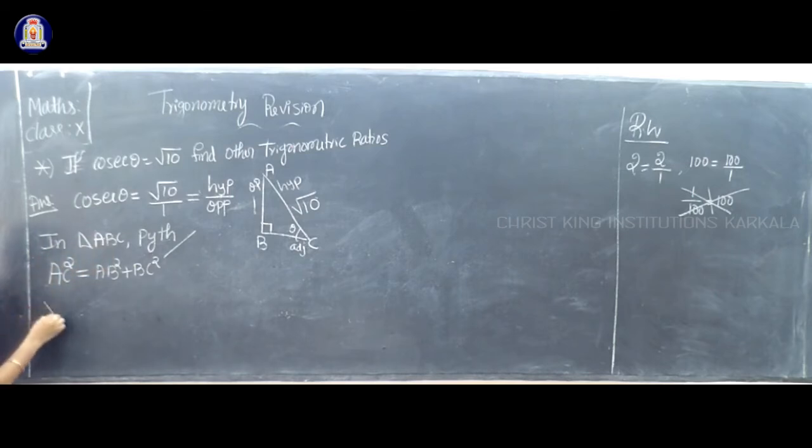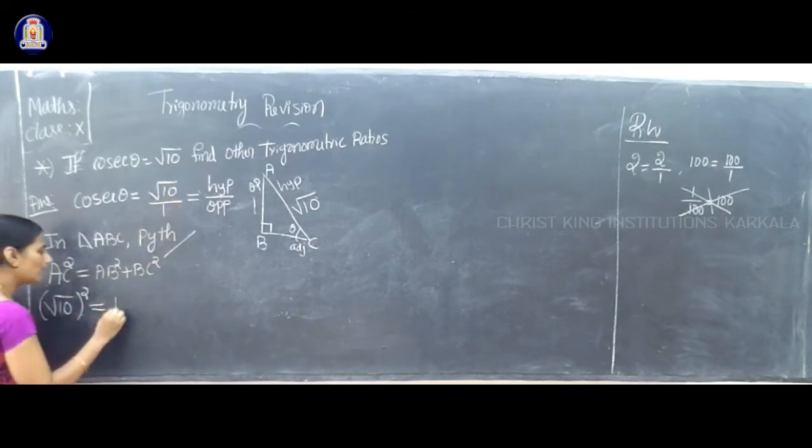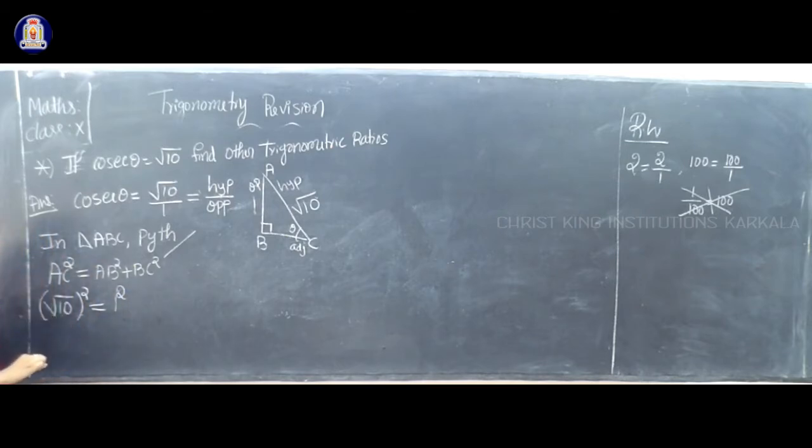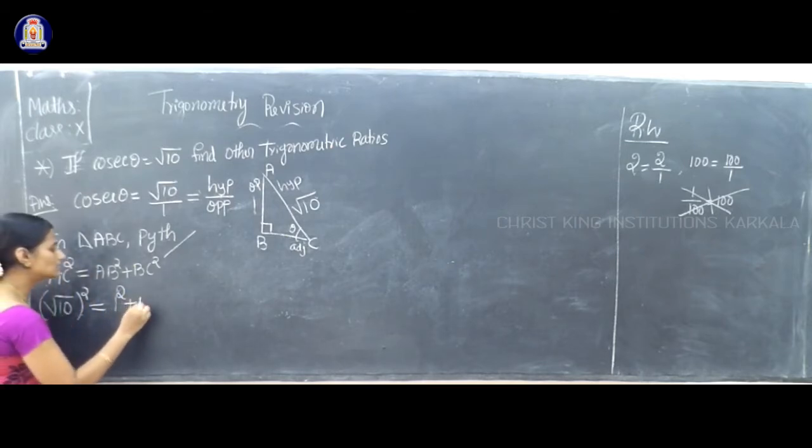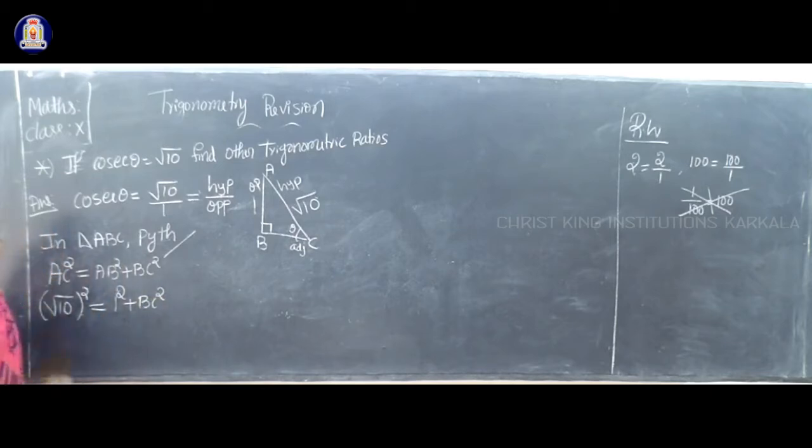AC is square root of 10. So AC square is square root of 10 whole square, which is equal to AB square. AB is 1. So AB square is 1 square plus BC square.